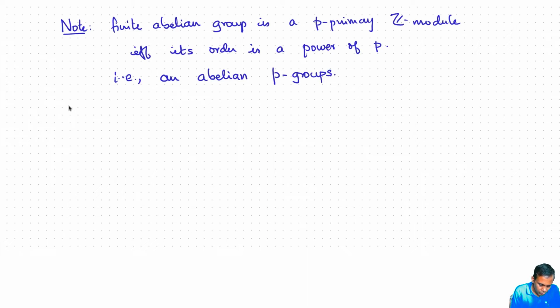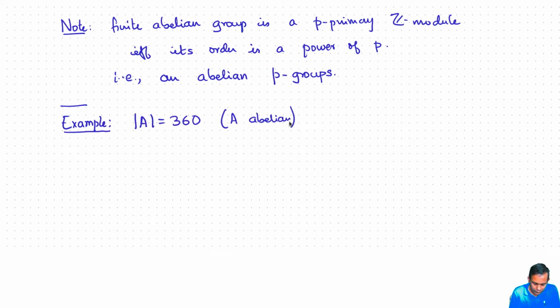So let's see, suppose A is a group of order 360 and A is abelian. Then what is the factorization of 360? Well, 360 is equal to 2 cubed into 3 squared into 5.